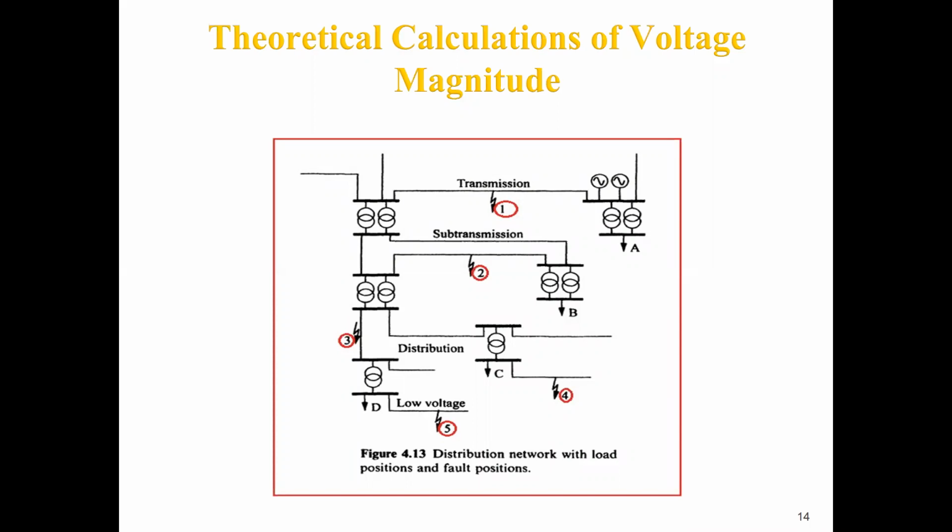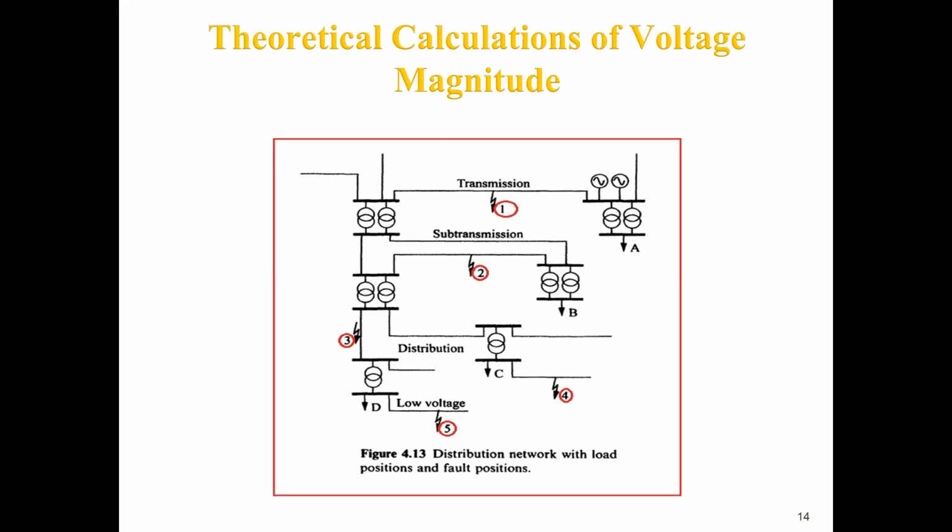These 4 are the loads, A, B, C, D, whereas the 1, 2, 3, 4, 5 indicated in the circles are the faults. I'm considering a fault at each level: transmission system, sub-transmission, distribution, low voltage, and so on.